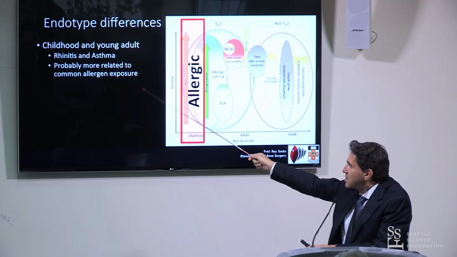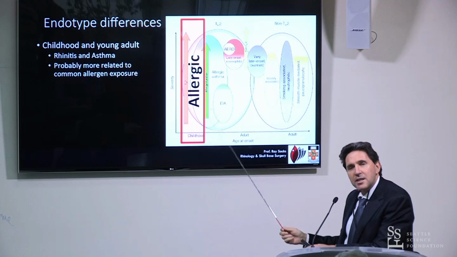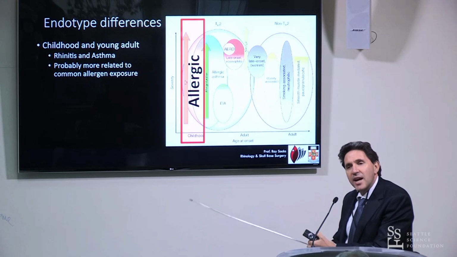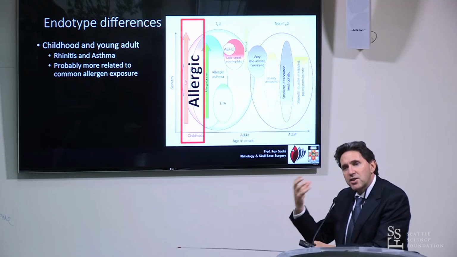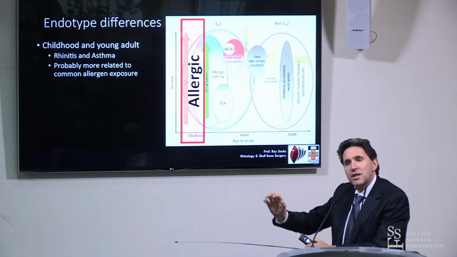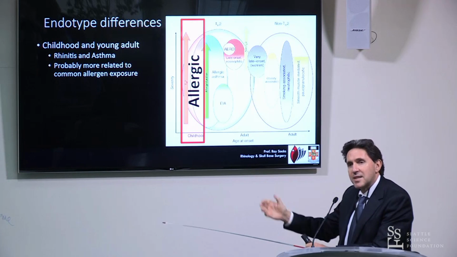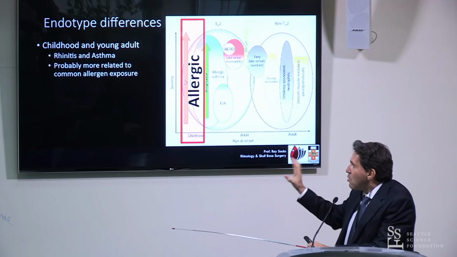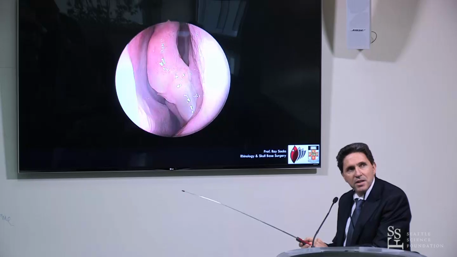This allergic group, typically in the younger patient, in childhood and young adulthood, typically have rhinitis and sinus symptoms. They get congestion, nasal obstruction, facial pain. They have the symptoms that we've always typically associated with sinus disease. And that's why I said on the panel earlier, you've got to think of rhinitis as a cause as well. These are more related to common allergen exposure, and our management is going to be very, very different.